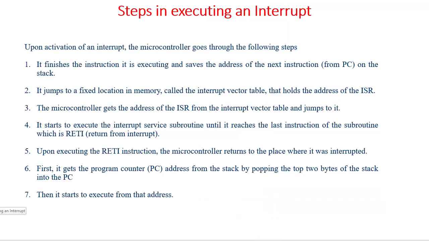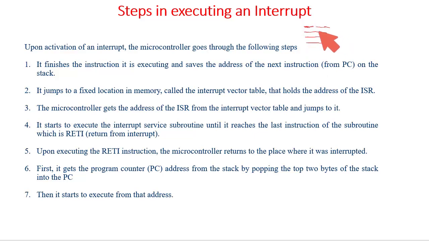Now what are the steps in executing an interrupt? It means when an interrupt occurs, what will happen? Normally the microcontroller continuously executes different instructions. When an interrupt occurs, the microcontroller finishes the instruction it is executing and saves the address of the next instruction from the program counter to the stack. Say these are the different instructions: 1 instruction, 2 instruction, 3 instruction, 4 instruction.